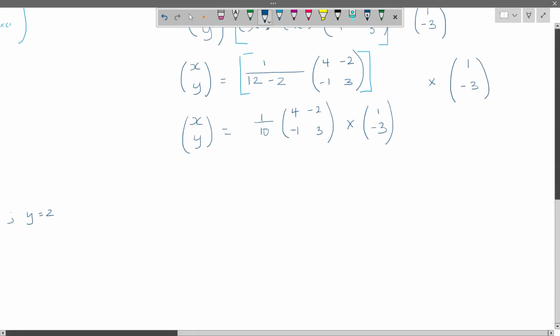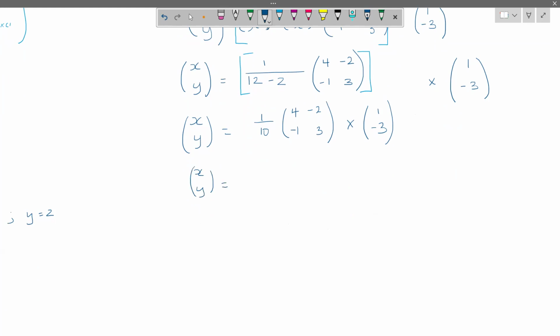Then we're doing 1 over 10 by everything here. So we get 4 over 10, minus 1 over 10 underneath here, minus 2 over 10 and 3 over 10. Do not reduce these fractions inside of here. Leave them just as they are. Now we reach the point where we could multiply.